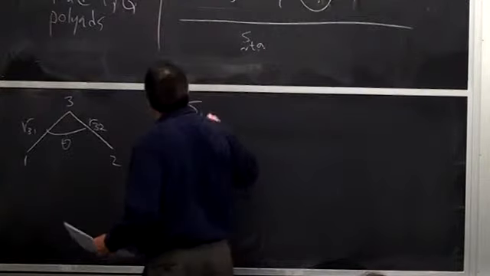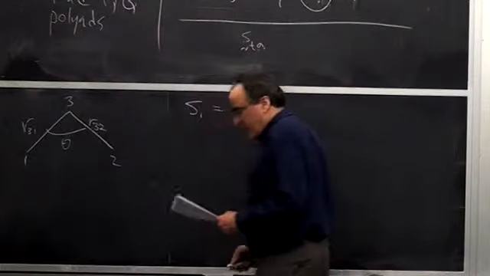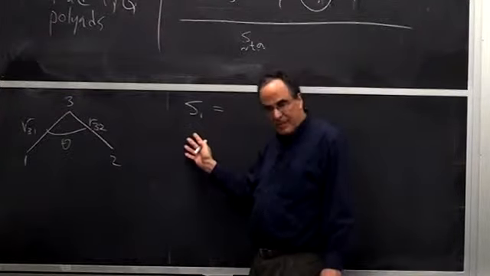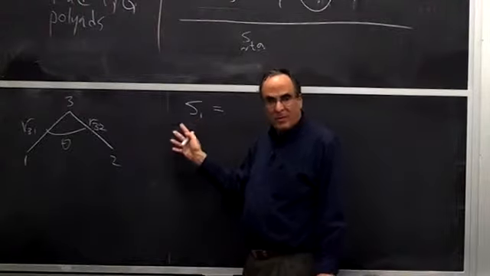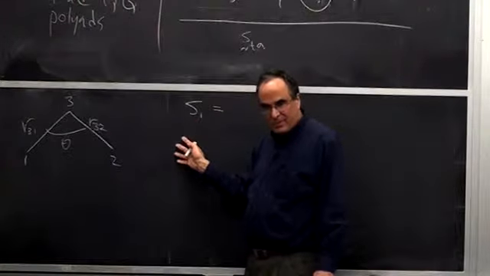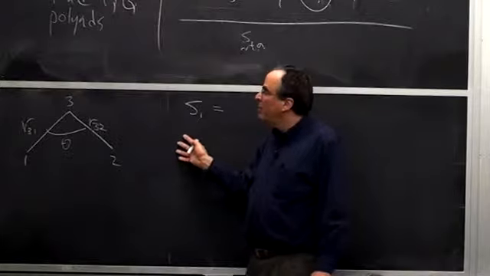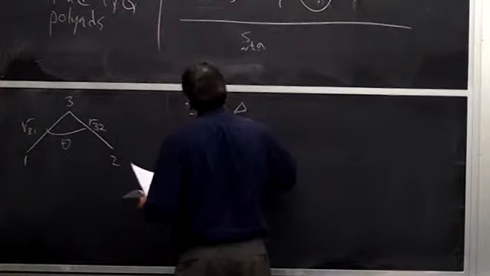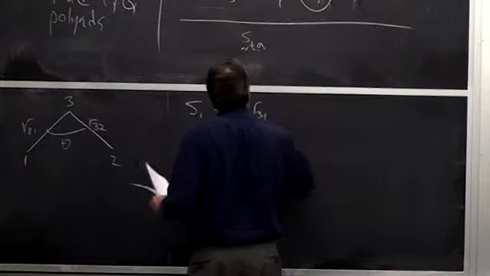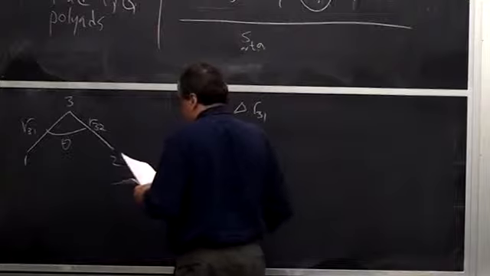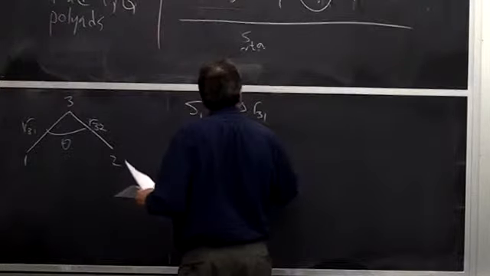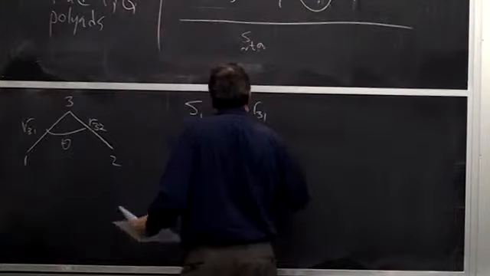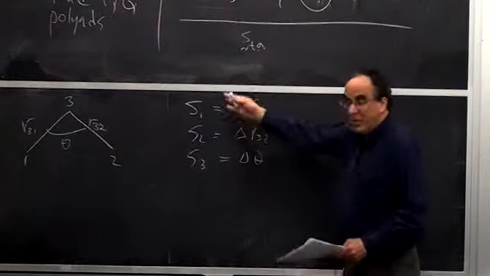There's no reason to worry about the numbering of the internal displacements, but there is a reason to worry about the numbering of the normal modes. And so we can call the stretch of the 3-1 bond S1, the stretch of the 3-2 bond S2, and the bend S3, and we then do the problem.